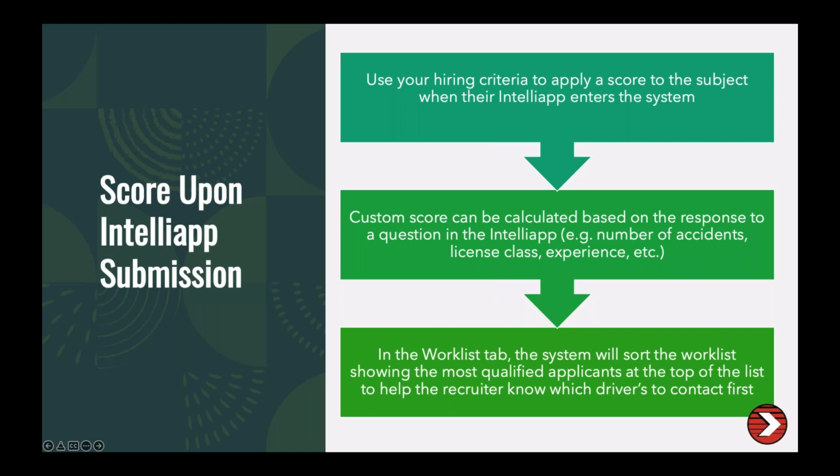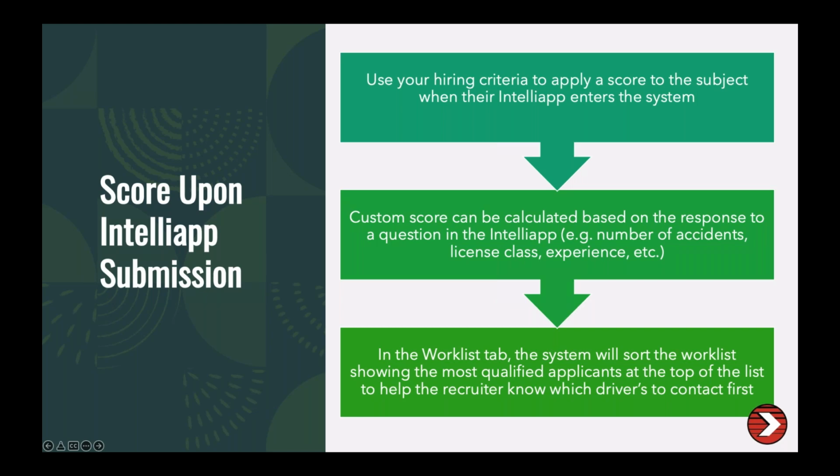We can set up scoring based on questions on the application. Scoring is visible in the dashboard on the work list view. Scoring is used for the recruiter to help manage their day or their workflow. The idea behind scoring is that the recruiter should reach out to the person that has the highest score first, right?